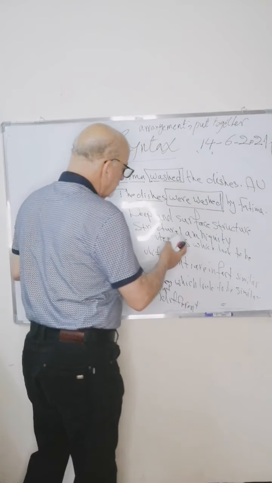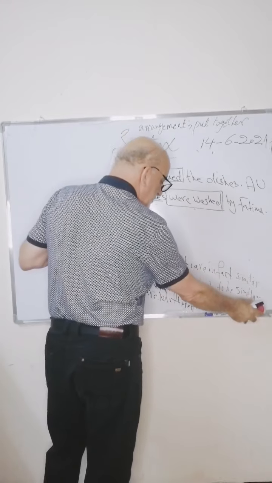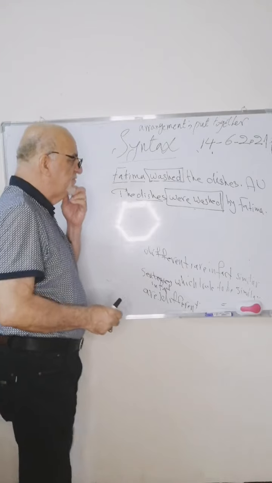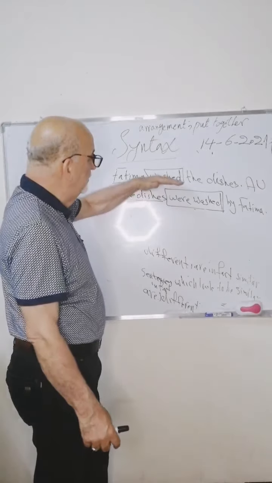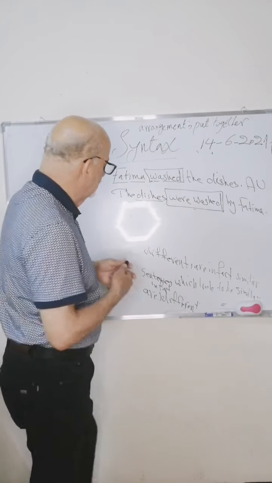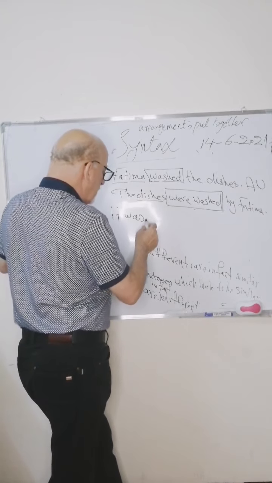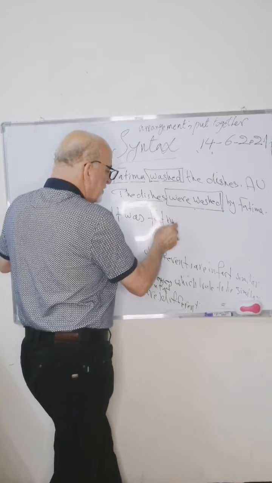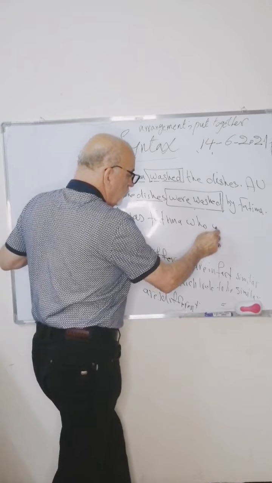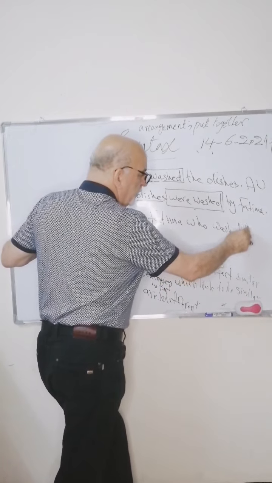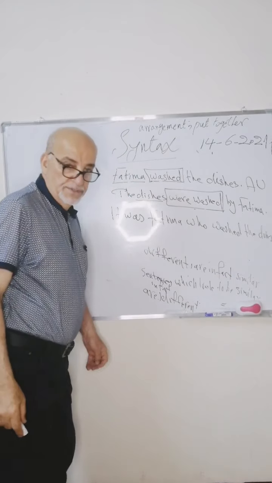Now, what else? Not only these two structures which have the same meaning, but they are different structure. Take this. It was Fatima. They call this a cleft sentence. It was Fatima who washed the dishes. It was Fatima who washed the dishes.